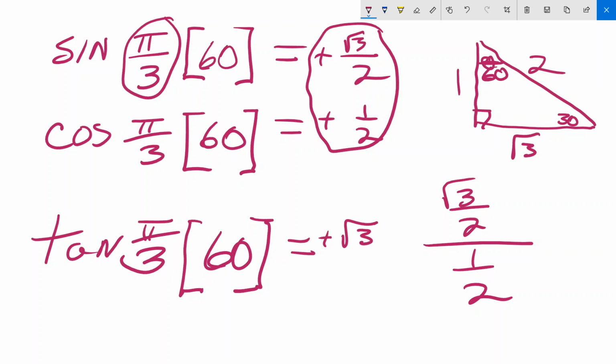You don't just multiply them. They're being divided right now. You just can't turn division into multiplication like that with one step. Right. In other words, I'm going to multiply by the reciprocal instead of dividing by the fraction. So it's really root 3 over 2 times 2 over 1.